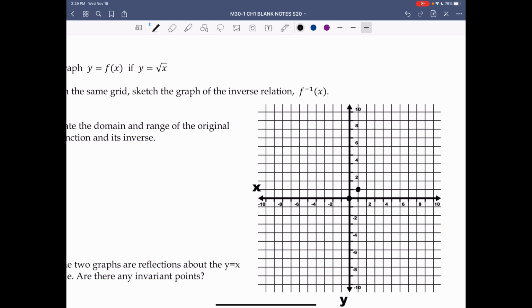If x is 4, the square root of 4 is 2. If x is 9, the square root of 9 is 3. Then we can join those points with a curve to get the graph y equals the square root of x. We'll mark our points: 0, 0, 1, 1, 4, 2, and 9, 3.